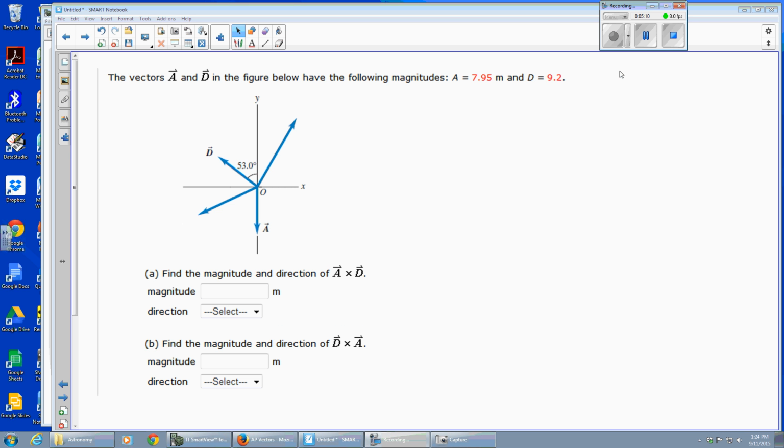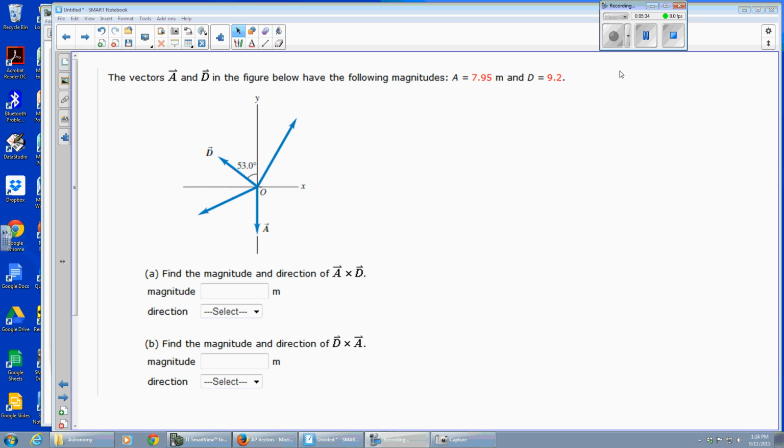All right, so we're going to do one of the ones here on number 9, where vectors A and D in the figure below have the following magnitudes. Find the magnitude and direction of A cross D. I'm going to think of the direction first.